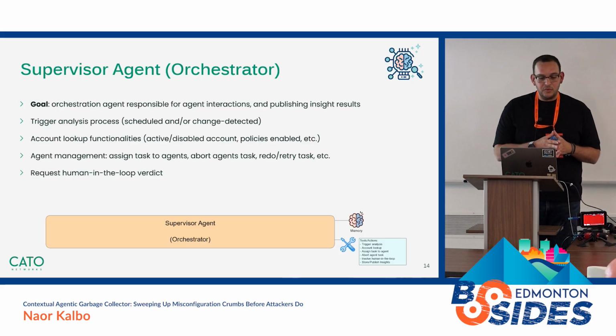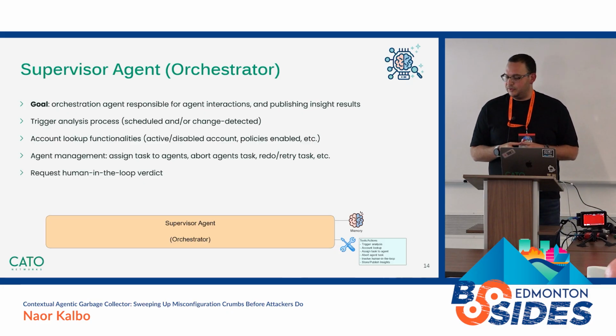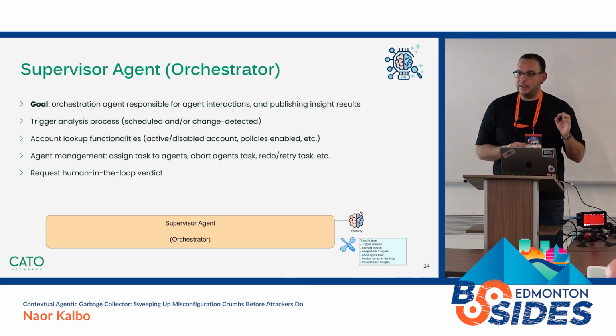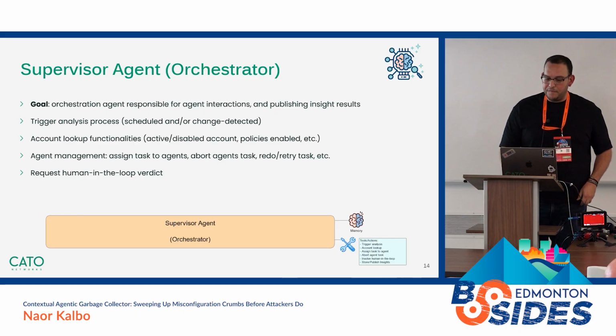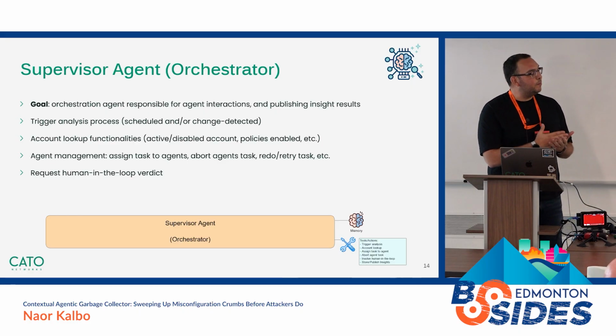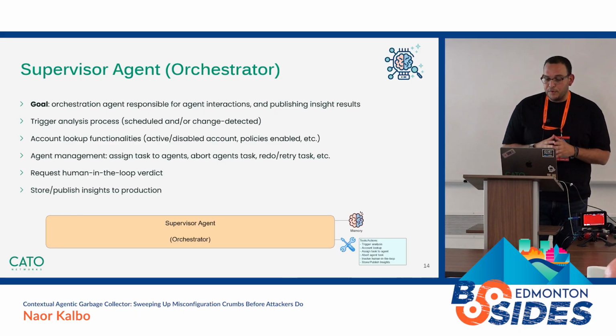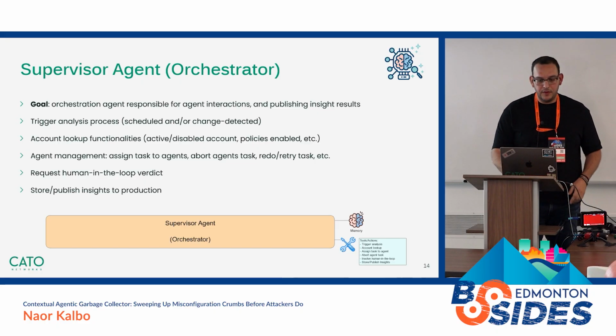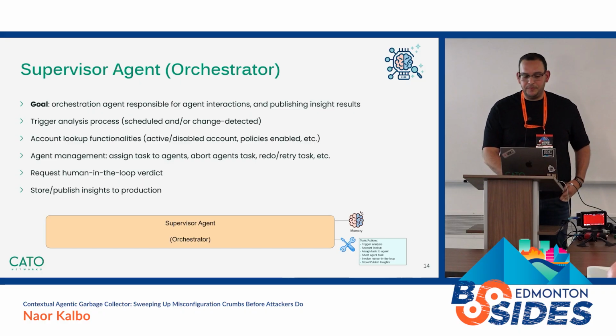And in cases where human judgment is required, the supervisor knows to request human-in-the-loop input. Finally, it is responsible for storing and publishing the insights that have been found back to production environments. So this is the supervisor.